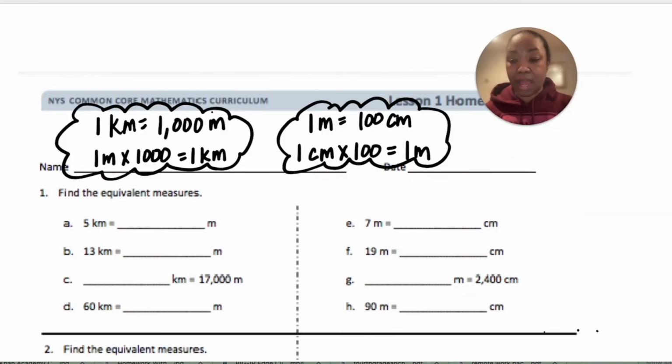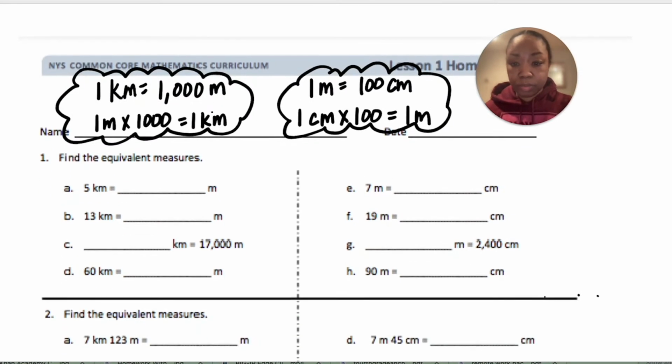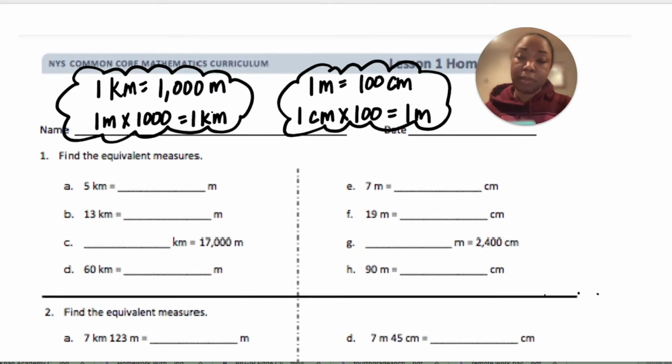We're going to find equivalent measures. If 1 kilometer is 1,000 meters, then I can take whatever measurement of kilometers and multiply it by 1,000, right? Because a meter times 1,000 is 1 kilometer.